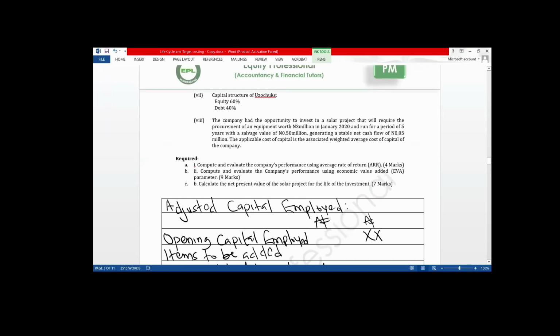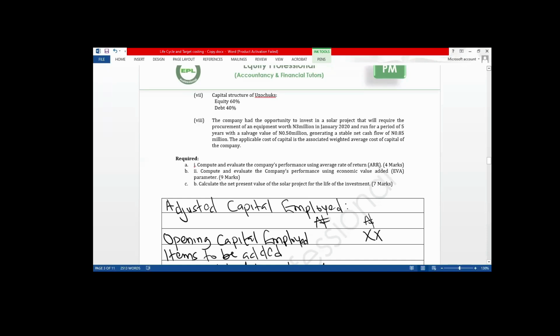Then the last note: the company had the opportunity to invest in a solar project that required the procurement of equipment worth 3 million naira in January 2020 and runs for a period of 5 years with a salvage value of 0.5 million, generating a stable net cash flow of 0.85 million. The applicable cost of capital is the weighted average cost of capital of the company.